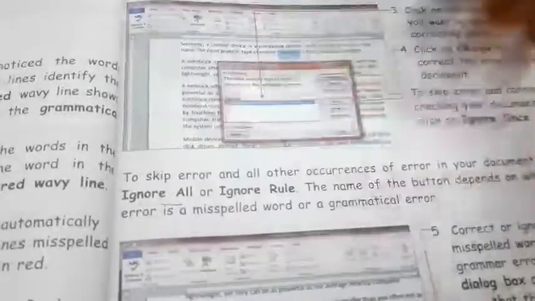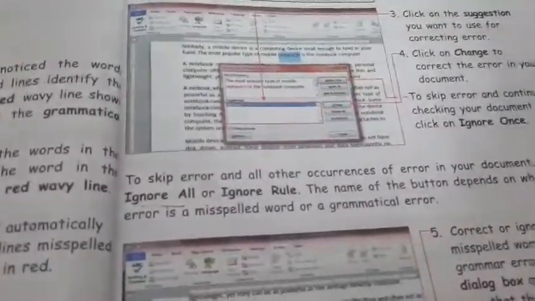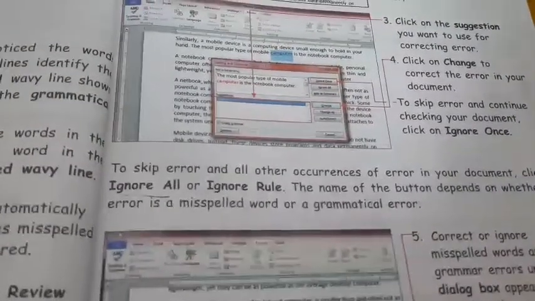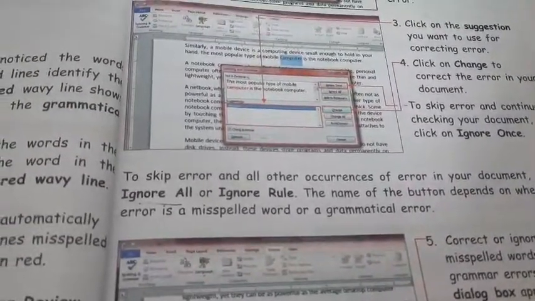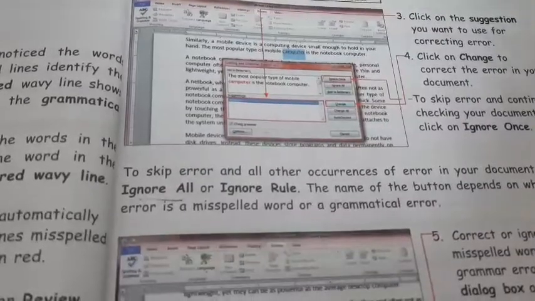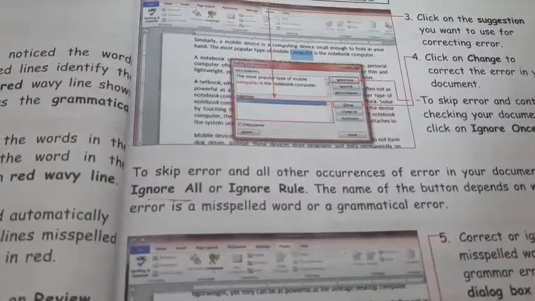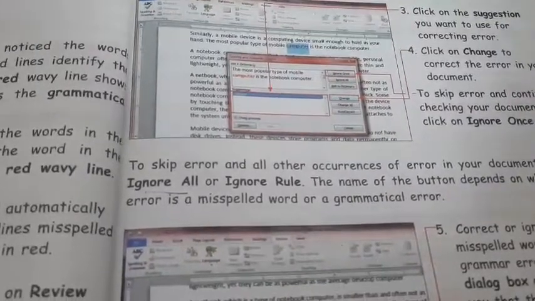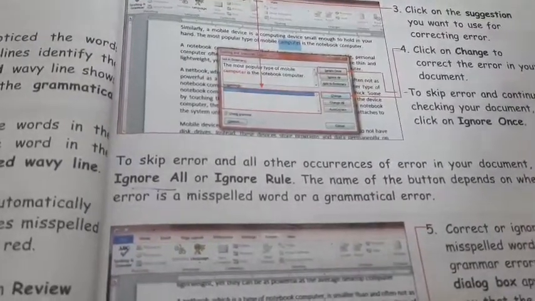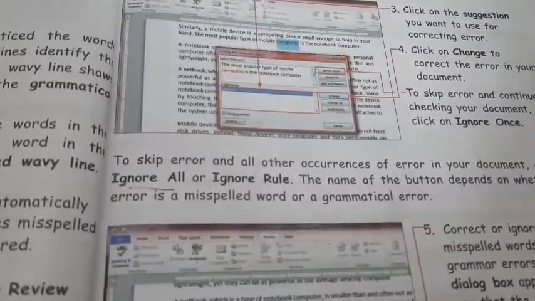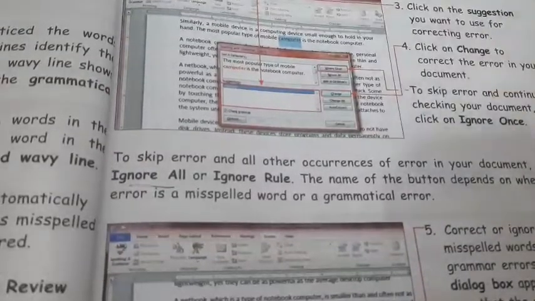Ignore All means, suppose you have written computer 5 times and 5 times the spellings are wrong. So Ignore All: I want the word to stay as it is in my document. And suppose if you want to change, then Change All means wherever the wrong word is written, change all of them to the correct spelling. That is the option meaning.